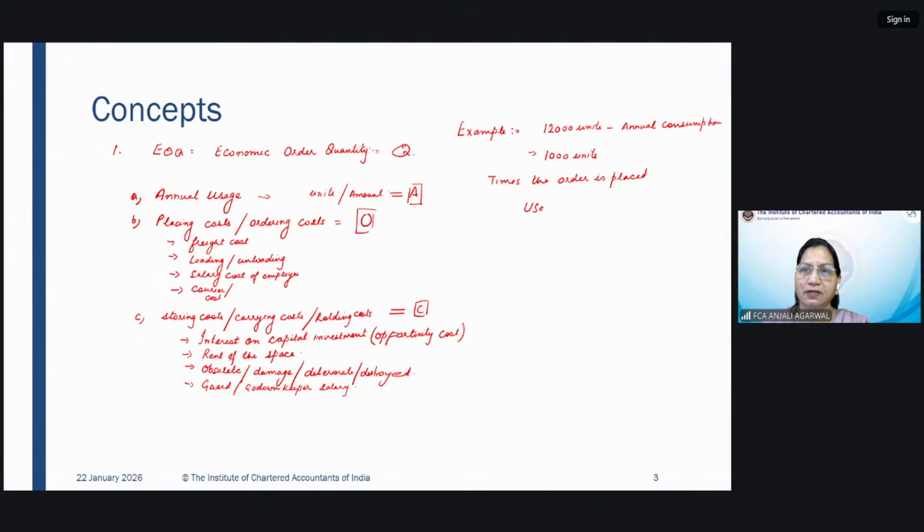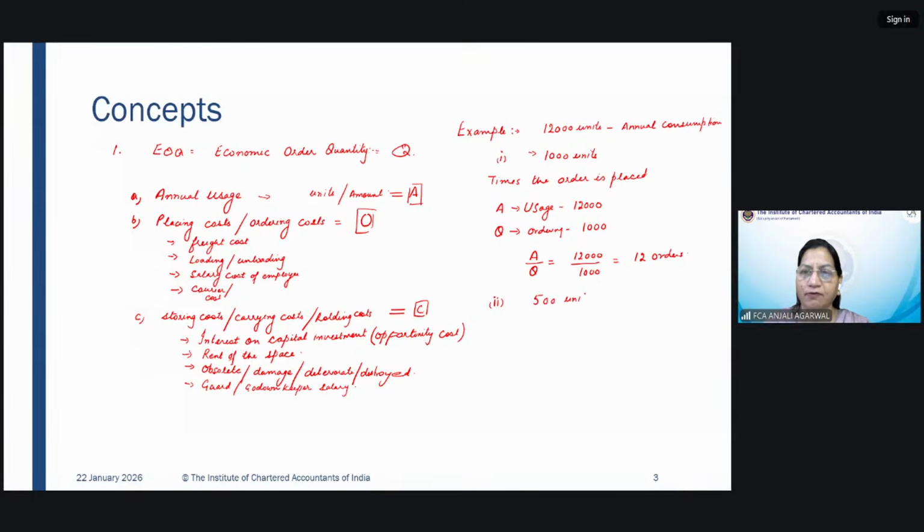Your usage is 12,000 and you are placing an order for 1,000 units, which implies that you are going to place 12 orders, right? Isn't it possible that we may also place 500 units at a time?